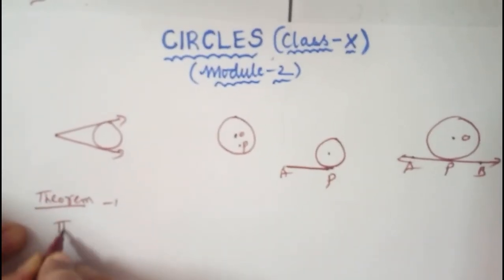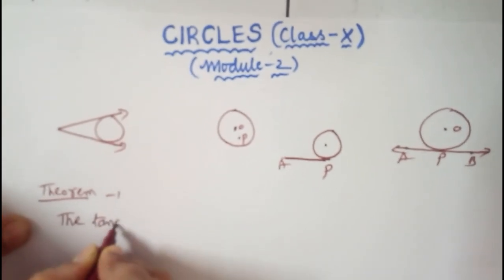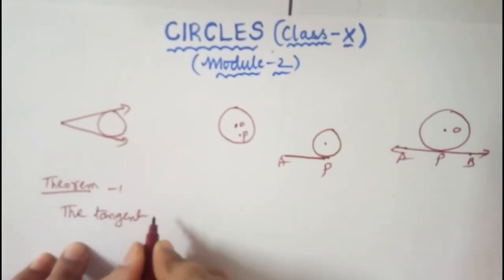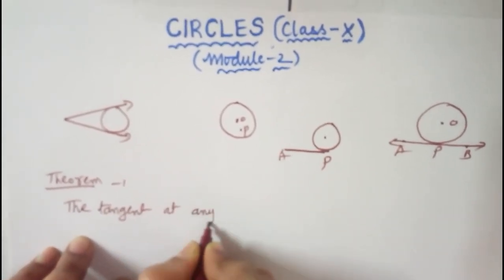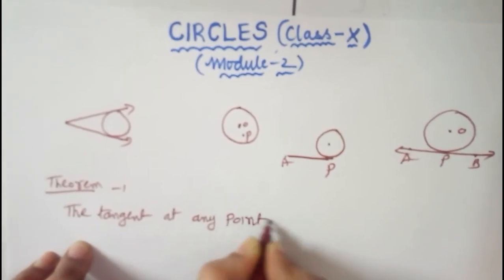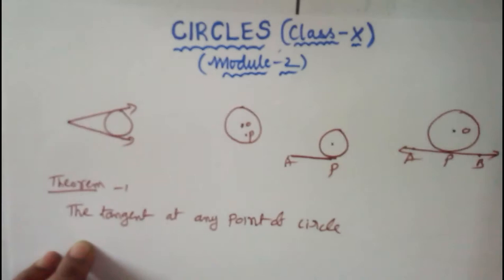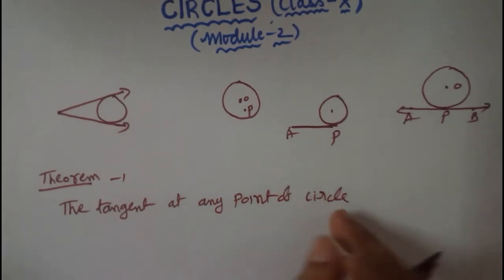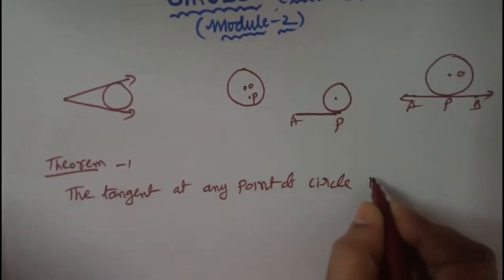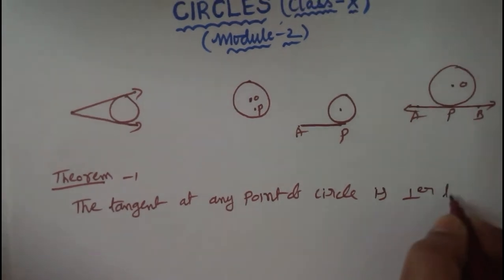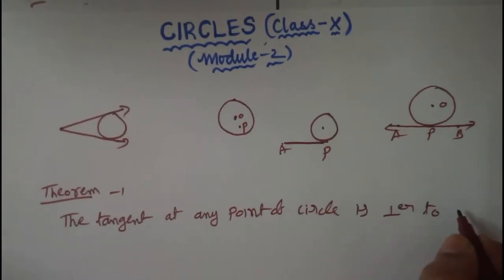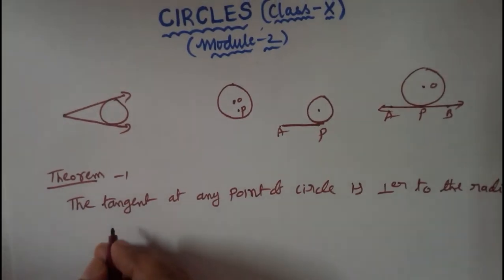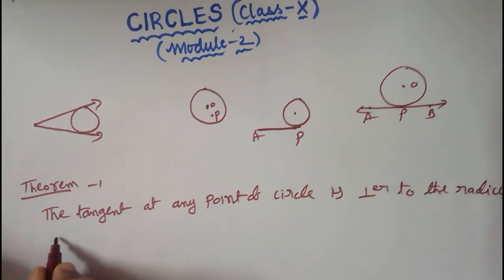The tangent at any point of a circle is perpendicular to the radius through the point of contact.